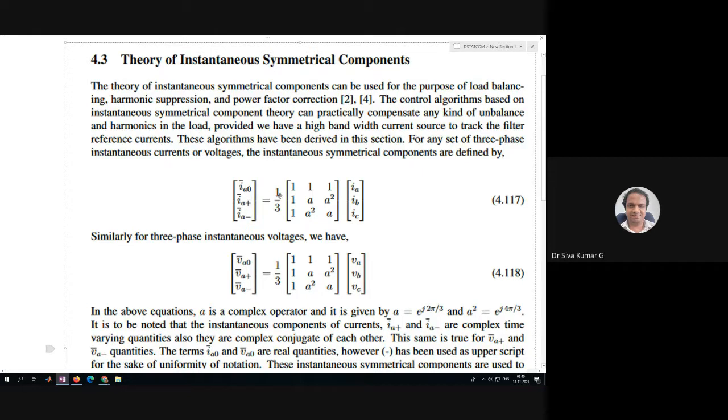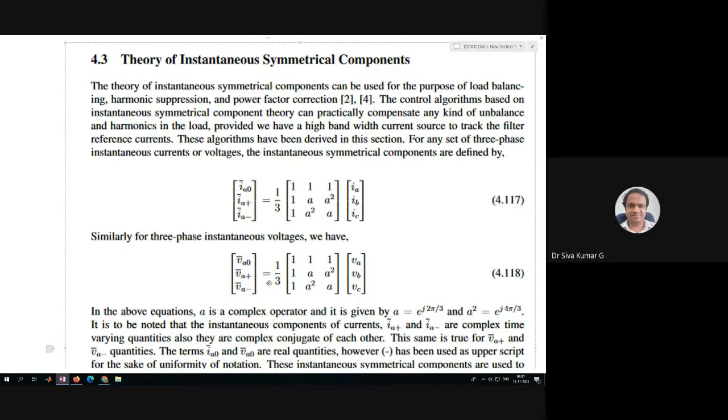One is the unit template algorithm, which is used to generate the reference filter currents in order to improve the current quality. I also briefly covered the instantaneous symmetrical component theory. We are going to see the theory of instantaneous symmetrical components for generating the reference filter currents.